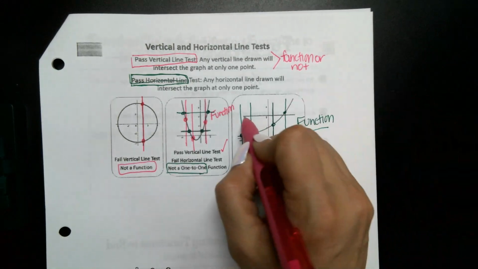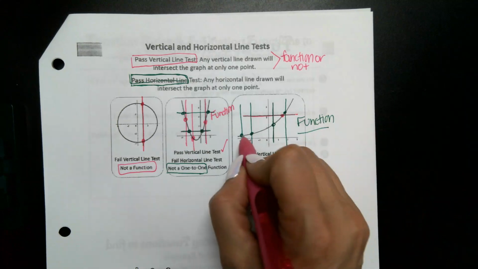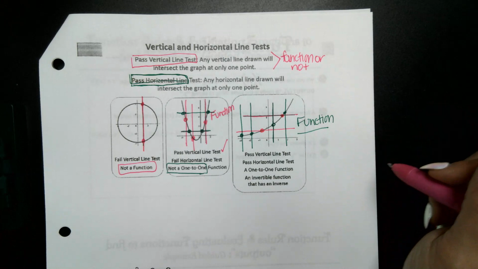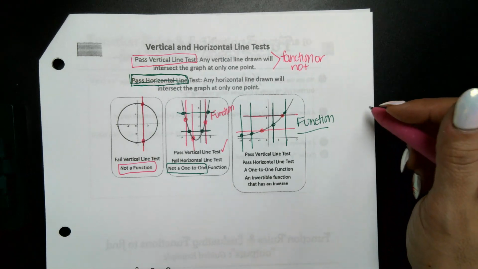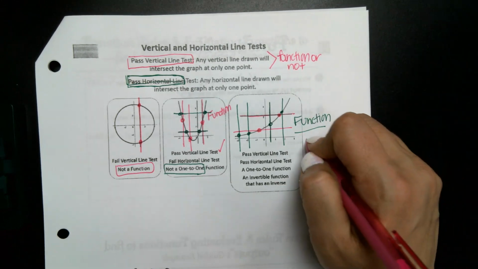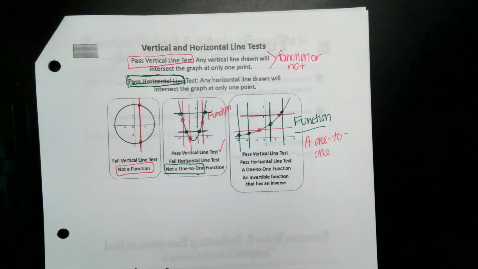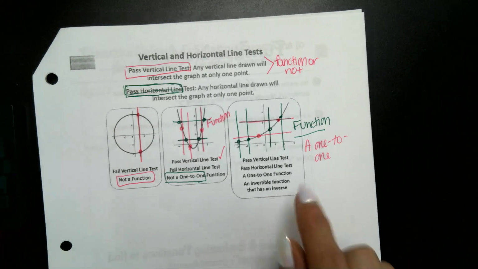If I were to draw horizontal lines, that horizontal line passes through one point, this horizontal line passes through one point. Will there ever be a horizontal line that passes through more than one? No, so this one is one-to-one. That last one passes both the vertical and the horizontal line test.